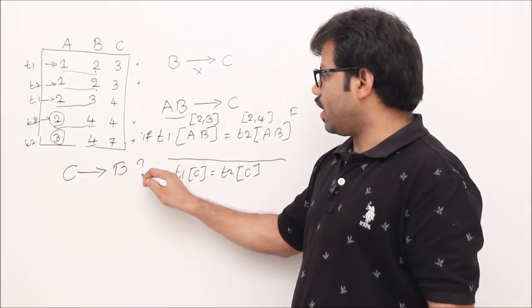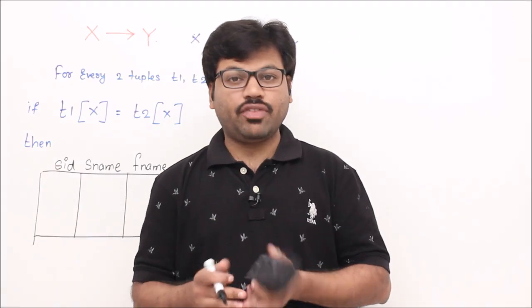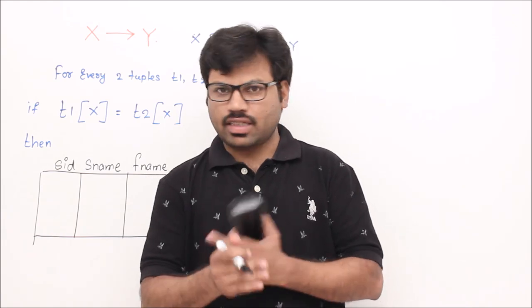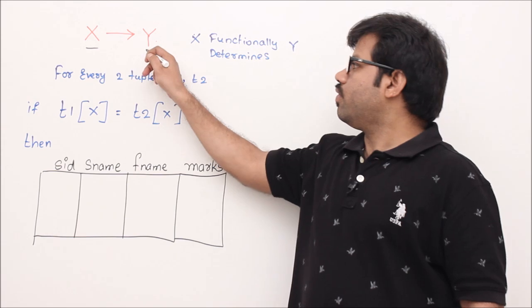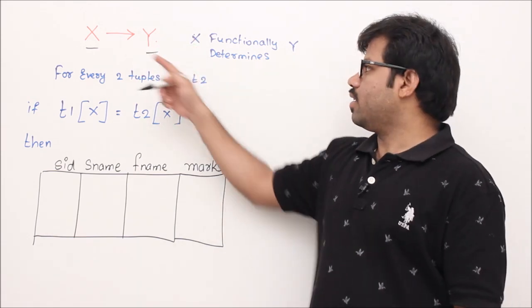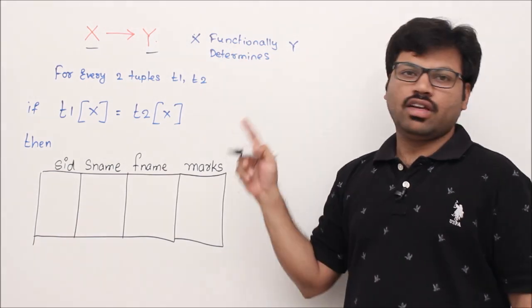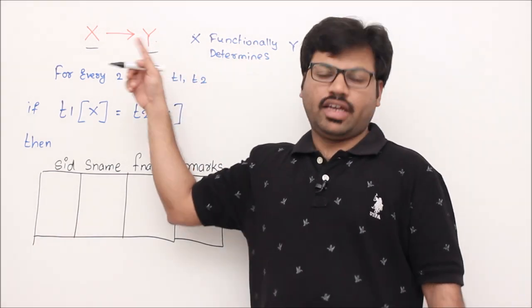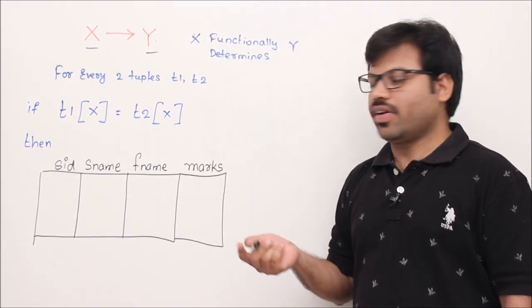I don't know. Let's check it out. C determines B. Now we came to a position where we can understand functional dependencies clearly. Now let's try to understand the formal definition of X determines Y. We write like this, X implies Y. That means X functionally determines Y. Otherwise, Y is dependent on X. Otherwise, Y is determined by X. Everything is the same.